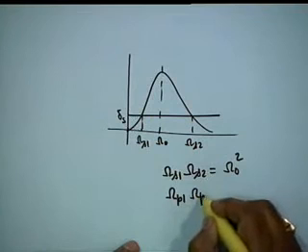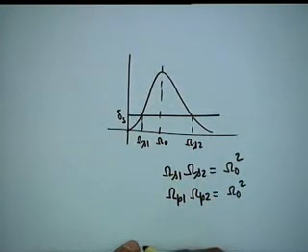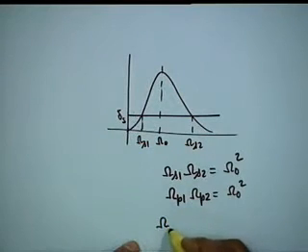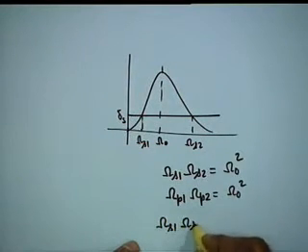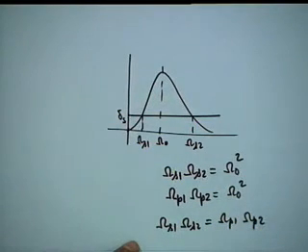The second edge is omega P2, this is also equal to omega naught squared. In other words, your specs on the band pass filter must be such that omega S1 times omega S2 is equal to omega P1 times omega P2.